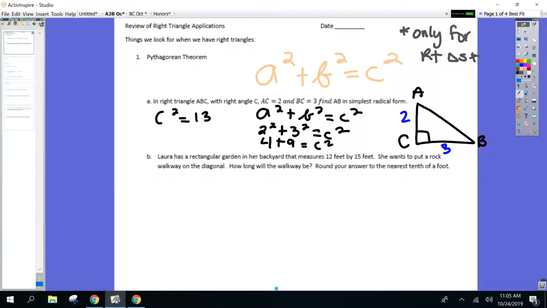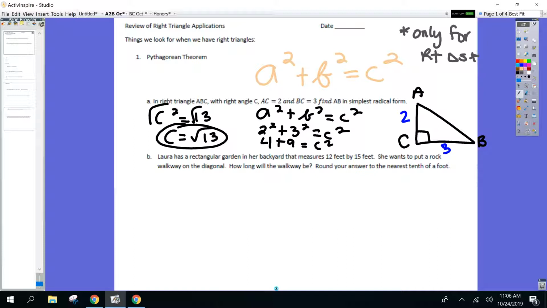Still got to do what on both sides? Square root, yep. So c equals the square root of 13. And I did say simplest radical form, but you can't break down 13. There's no perfect square that goes into it. So that's about it. If I'm going too fast, let me know because I got to go over a couple different concepts here. We all good with that one?